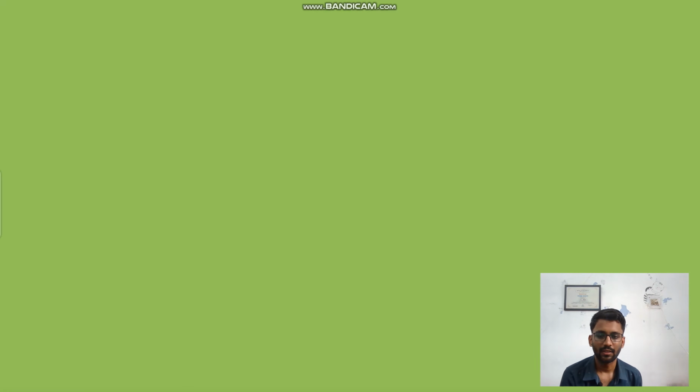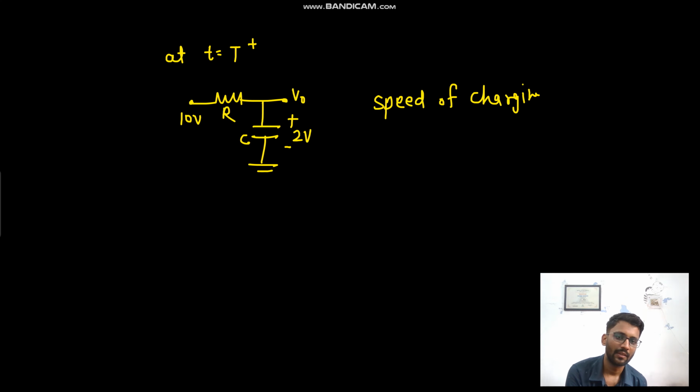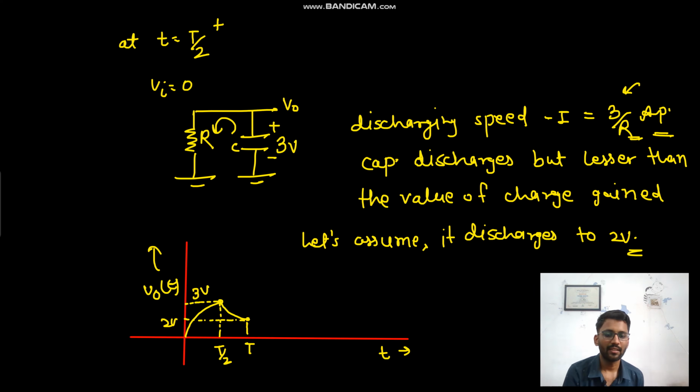Now what you see, at t equals to T plus, this is R, this is C, this is 2 volt and this is 10 volt here. Now the speed of charging at t equals to T plus would be 8 by R, right?